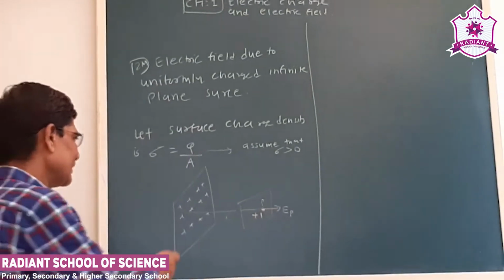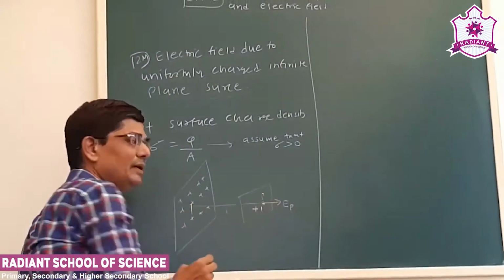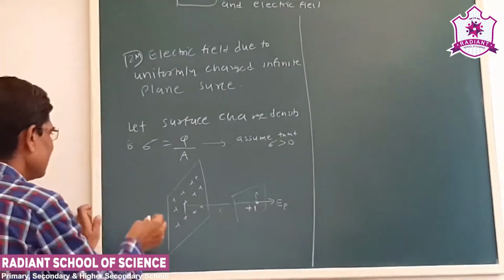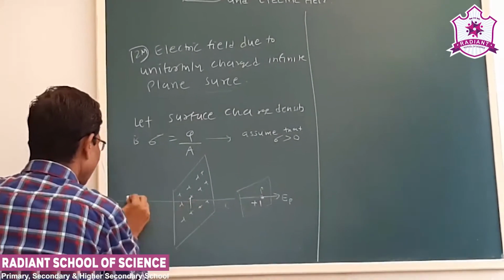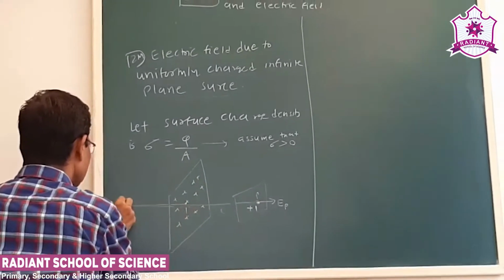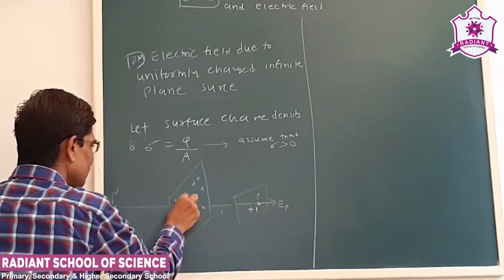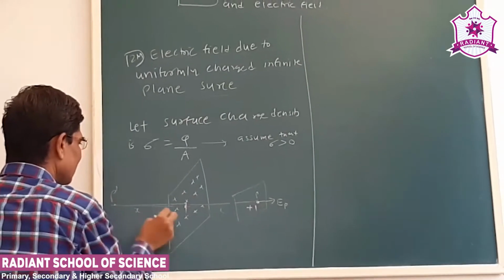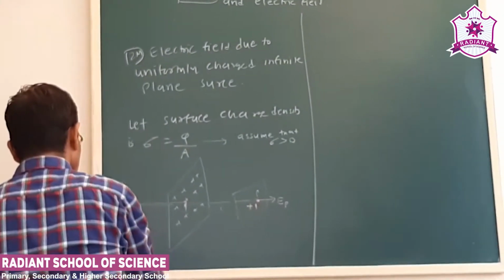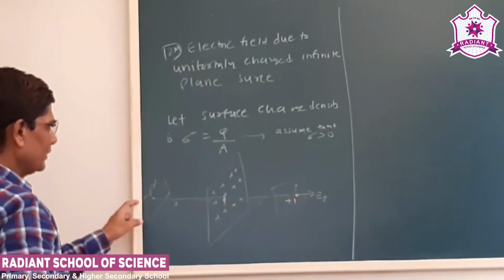Now let us say this point P is situated at a distance of x. We can consider another point P dash which is at the same distance x from the surface charge distribution. We can assume another surface passing through P dash.